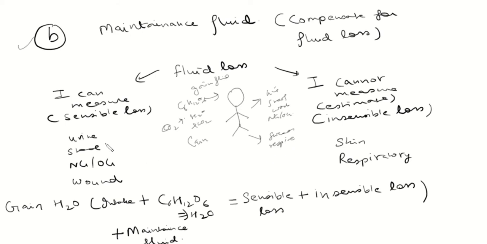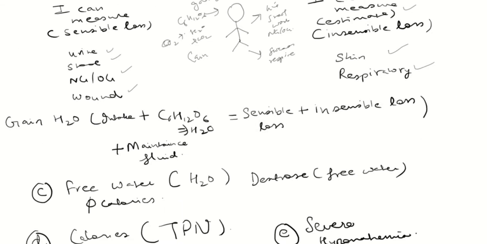What I can measure is called sensible loss: urine, stool, nasogastric, orogastric, and wounds. What I cannot measure, I have to estimate, and that's through skin and respiratory tract. So the goal is that the fluid I gain, intake plus my glucose metabolism, should be equal to sensible plus insensible loss, right?